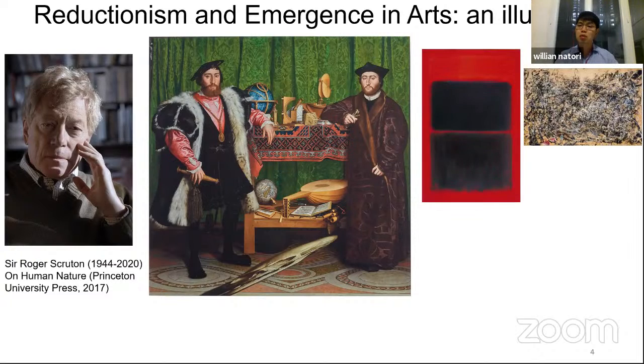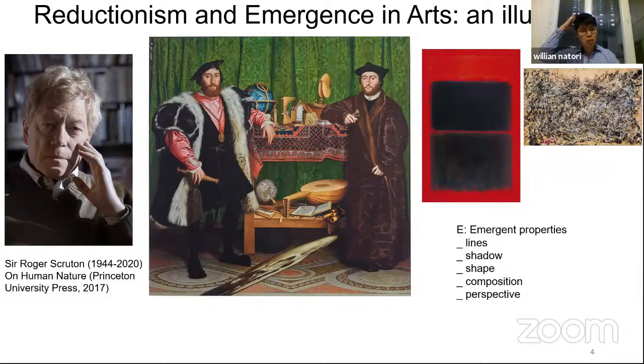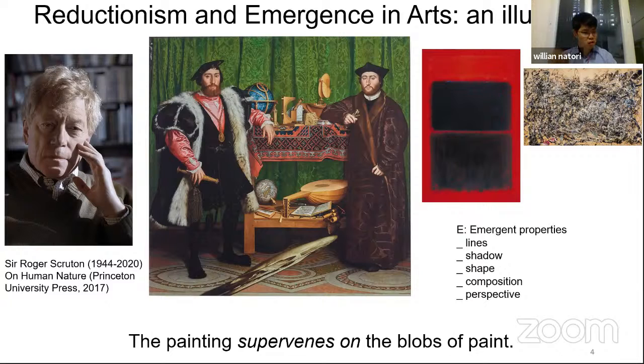And this is better seen if you go to modern art and find pictures like these that are basically just paint and figure out that they lack properties such as lines, shadow, shape, composition, or perspective, which are the emergent properties in arts. Philosophers normally use this language that the painting supervenes on the blobs of paint.